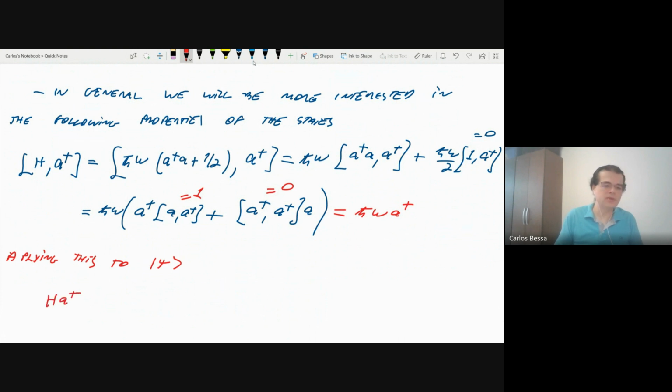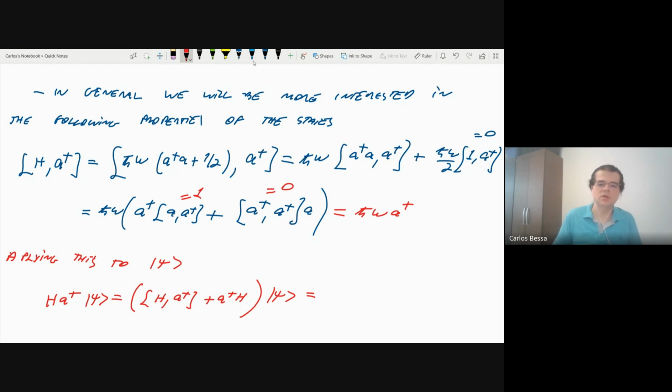H A dagger psi. We can write this as H A dagger plus A dagger H, using the definition of the commutator. Psi. This will be just like this commutator here.